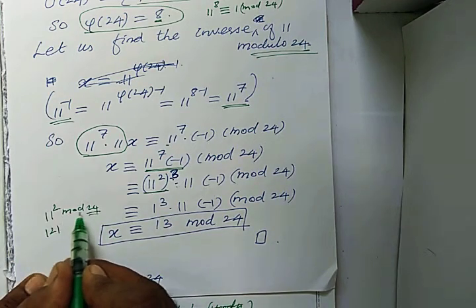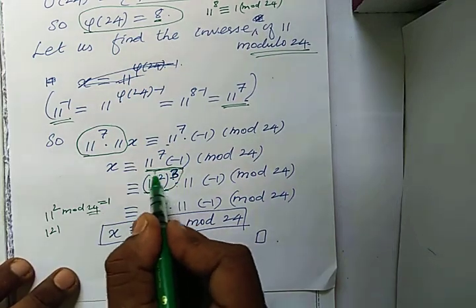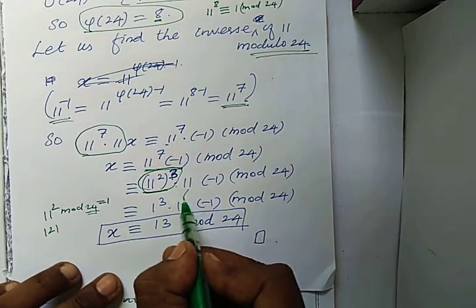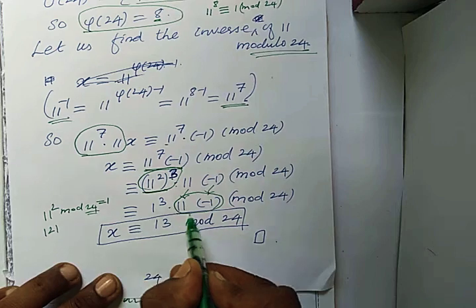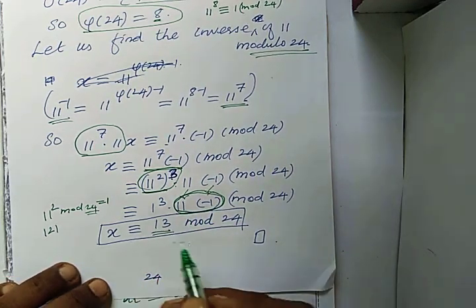So 11 square mod 24 is equal to 1. So this is congruent to 1 cube mod 24, and the rest comes as it is. So this is minus 11.